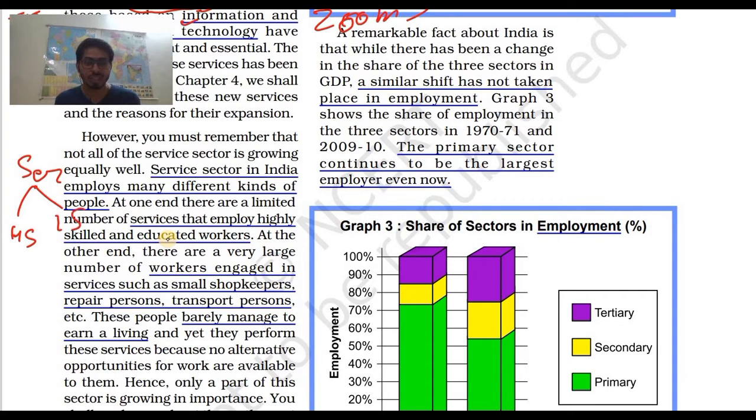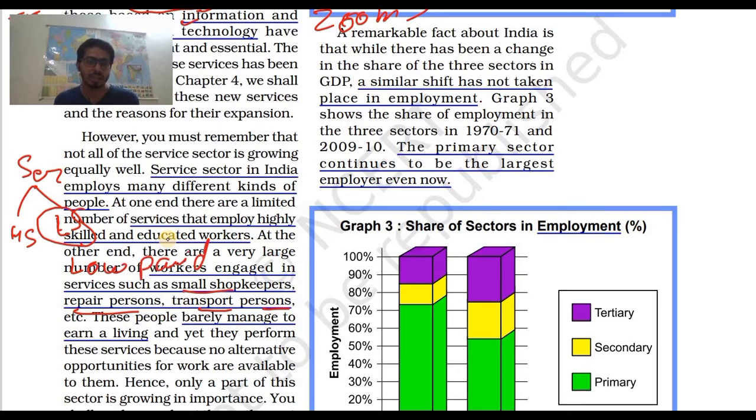Workers engaged in services such as small shopkeepers, repair persons, transport persons, etc. So the people like shopkeepers, those who are working in shops. So these are all laborers, those who you get at every crossing, doing day to day work, dehadi mazdoor and all. So these are all part of your service sector, and they are low paid.